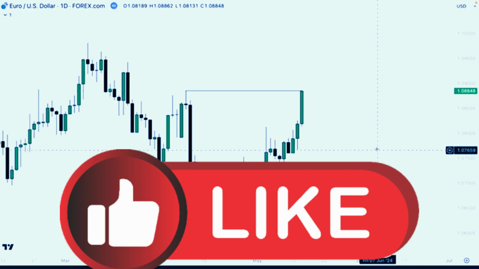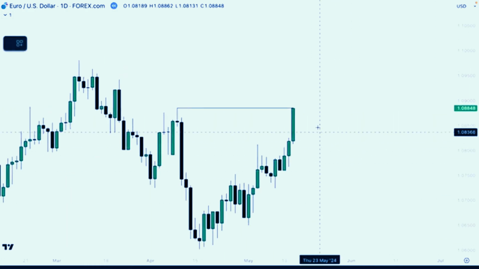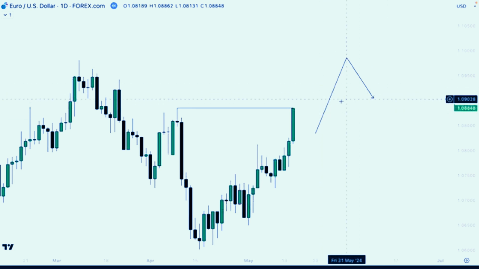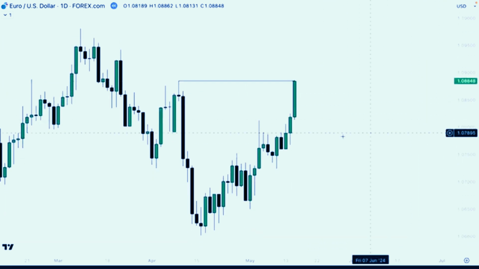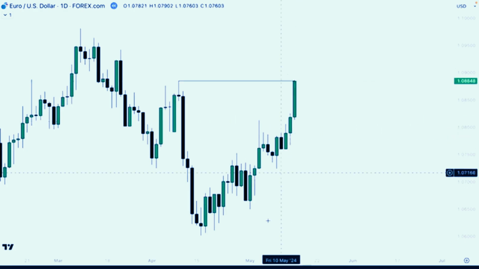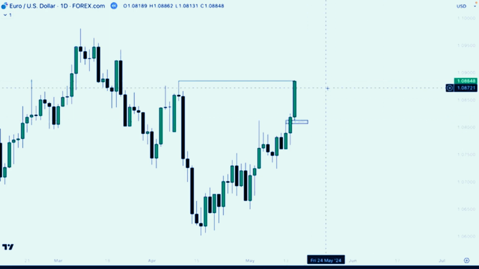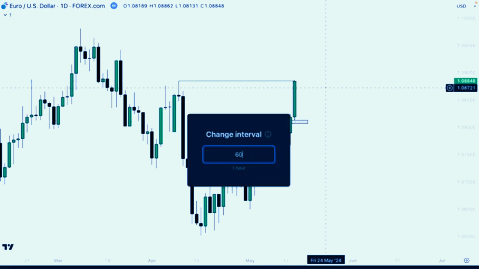But before we do that, remember I said we go from external back to internal. And so we need to spot out our internal range liquidity. And we can see that we do have a small fair value gap resting here that hasn't been filled yet. So we go ahead and mark out our internal range liquidity, and then we drop to the 1 hour time frame.